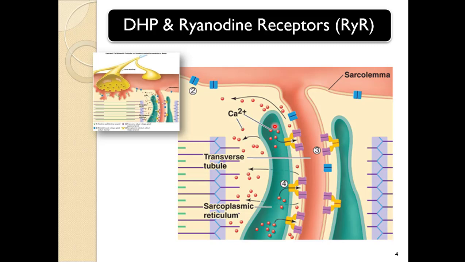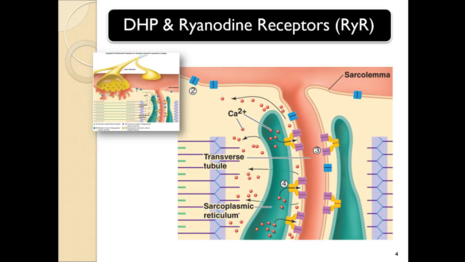Again, this section here would be called the terminal cisternae. These are the parts that lie right next to the T-tubule. They form part of what's called the triad. Let me bring up a pen here, and I'll change my pen color to something that might be seen a little better. Let me try a dark color.